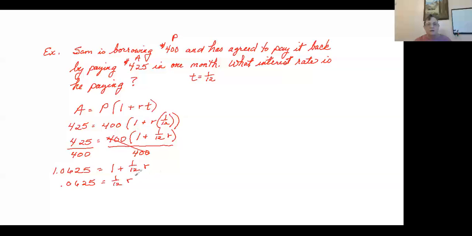If we multiply both sides by 12 to figure out what the interest rate would be if they paid this for a whole year, this is 0.75, which means the interest rate he's being charged is 75%.